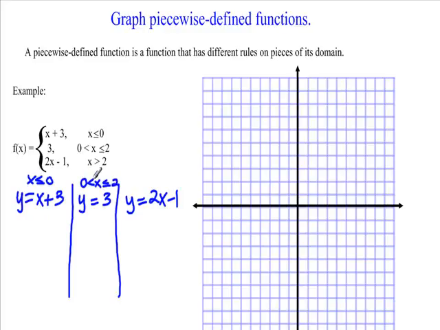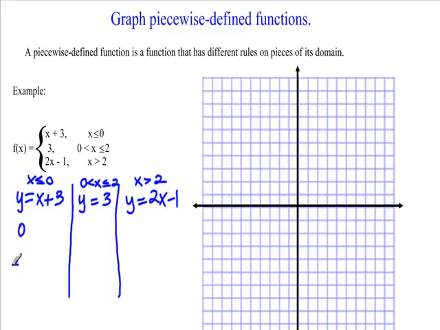And the last piece applies only when x is larger than 2. So the way that I do these by hand is I start by picking values of x that satisfy the criteria that's given. So x has to be less than or equal to 0. So we want to start with 0 as one input, and then we also need something less than that, like negative 1.